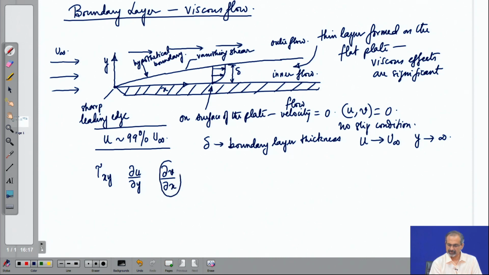Typically, the del v del x term is small, but the del u del y term is significant because a very large change in velocity from a value of 0 to nearly u infinity occurs within a very short distance, that is delta, and therefore the ratio is large. So, as this gradient becomes very small, that is when the velocity is changing very gradually, typically in the outer extent of the boundary layer, we say that we have reached a region where the shear stress is vanishing.